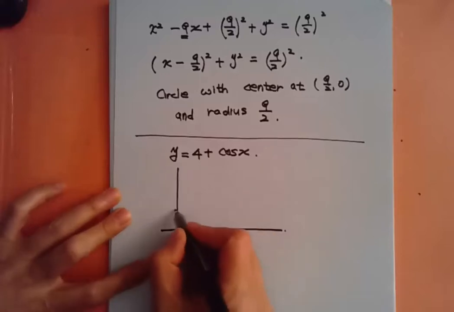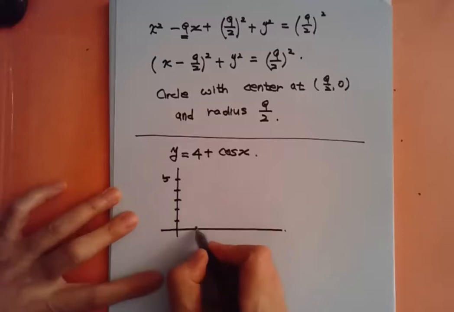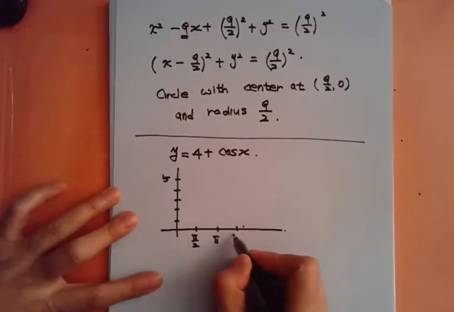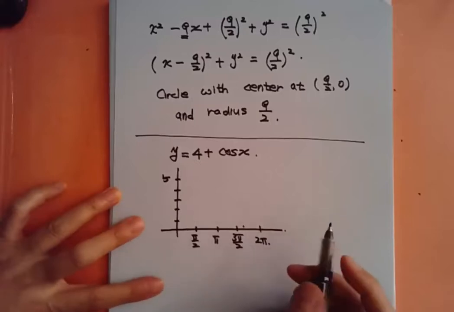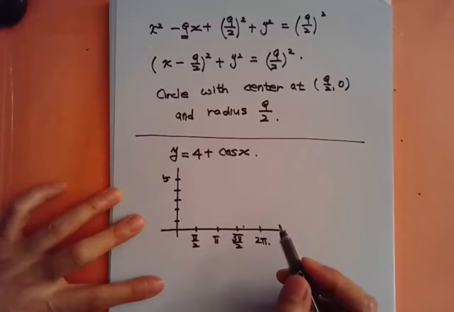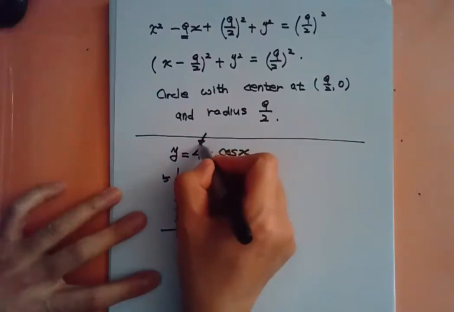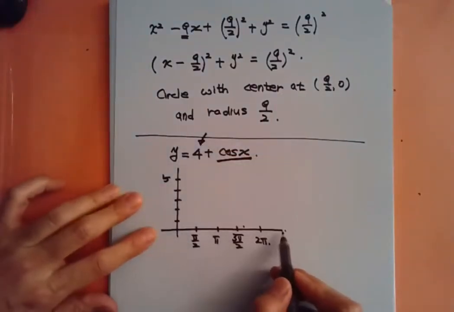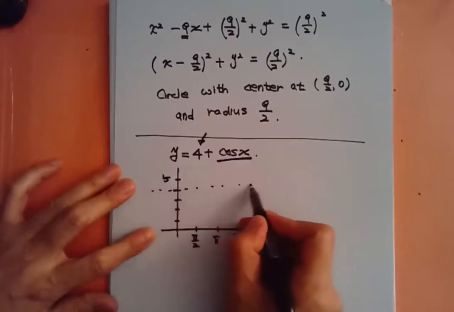It is 1, 2, 3, 4, 5, pi over 2, pi, 3 pi over 2, 2 pi. So if you graph this, then this is a cosine graph shifted up 4 units. And so the x-axis originally will shift up 4 units and will be located here.